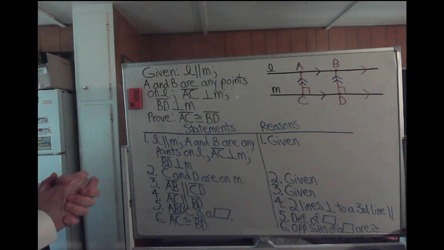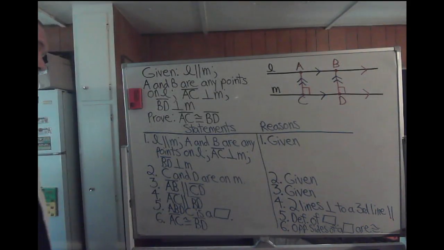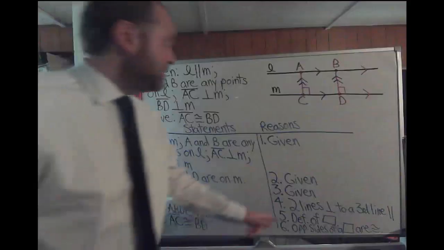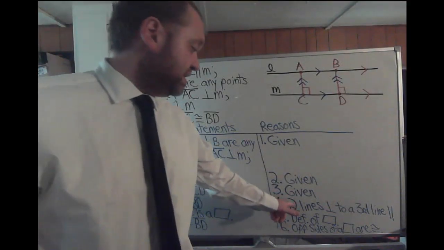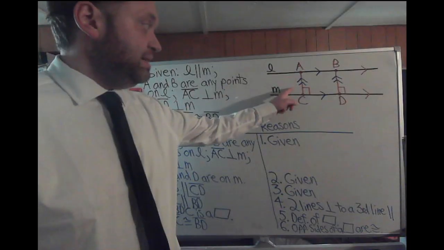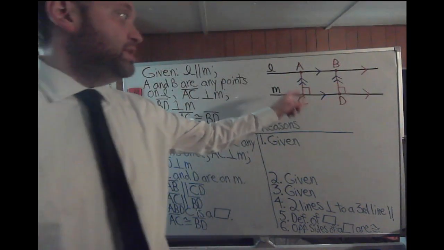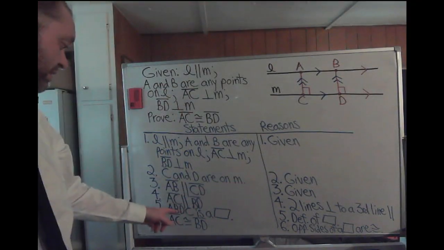Now, from there, we were able to determine that AC is parallel to BD by the fact that two lines perpendicular to a third line are parallel to each other. So AC was perpendicular to M. BD is also perpendicular to M. That means AC would have to be parallel to BD.